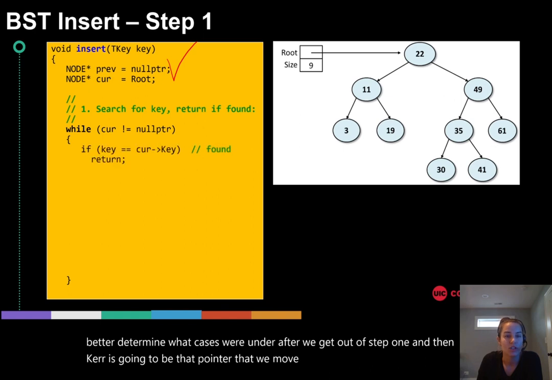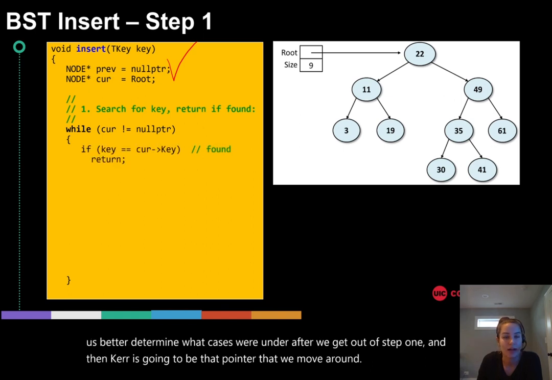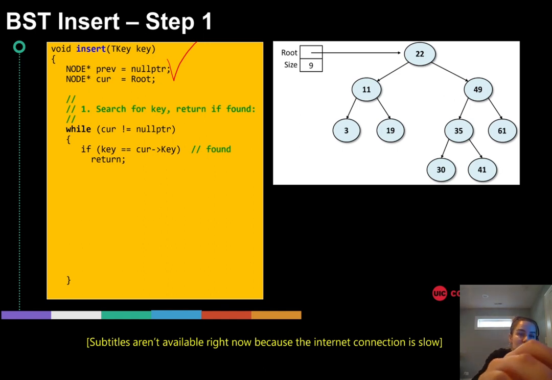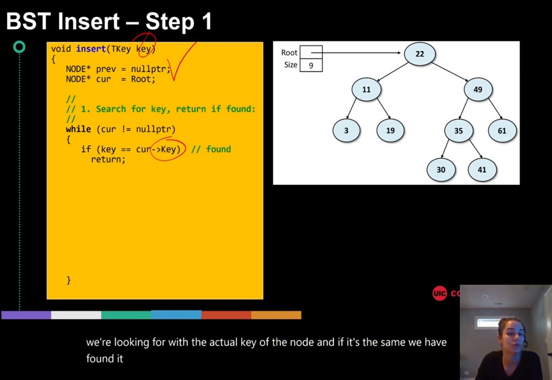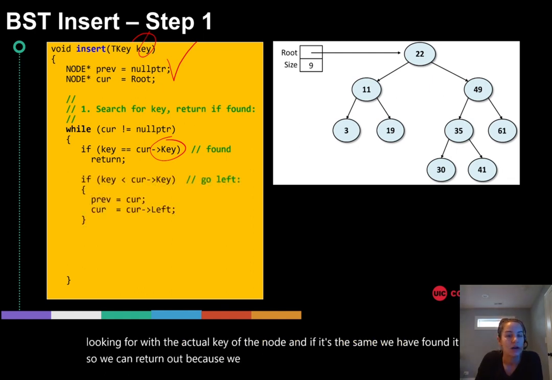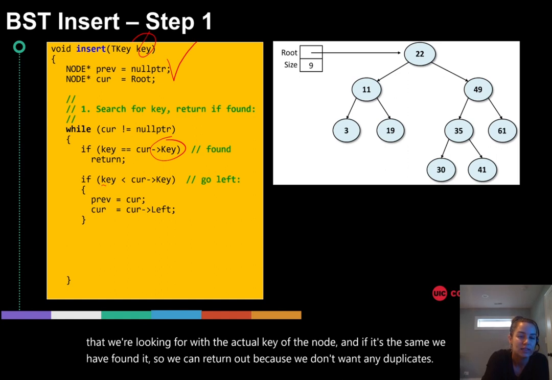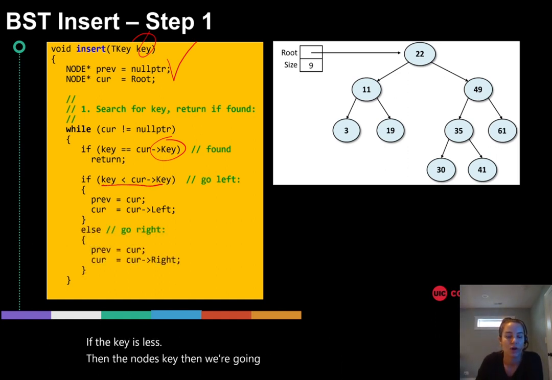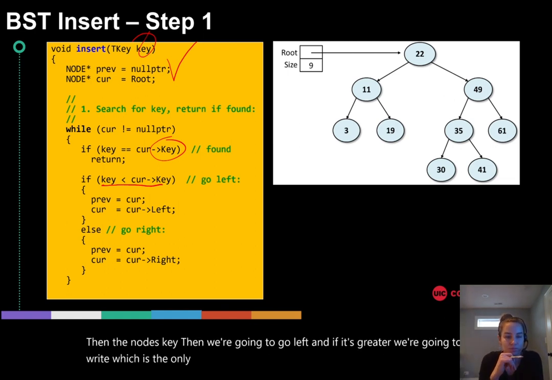So we're going to search. We're basically going to do that same pattern we used for search. We're going to compare the key that we're looking for with the actual key of the node, and if it's the same, we have found it, so we can return out because we don't want any duplicates. If the key is less than the node's key, then we're going to go left, and if it's greater, we're going to go right, which is the only case left.